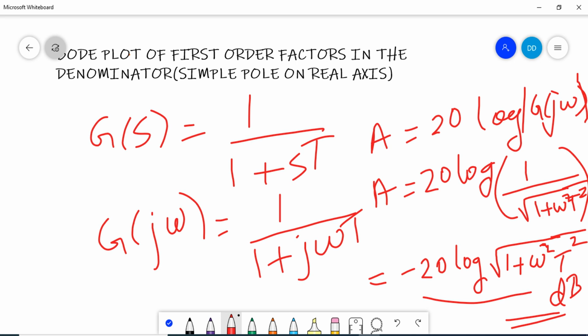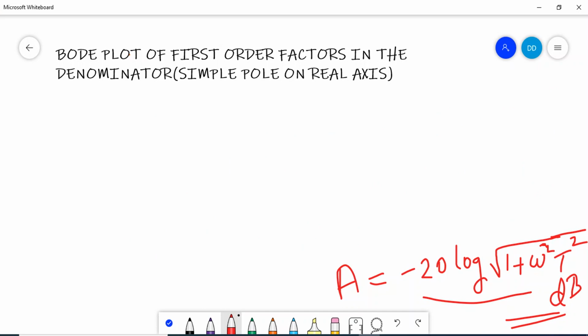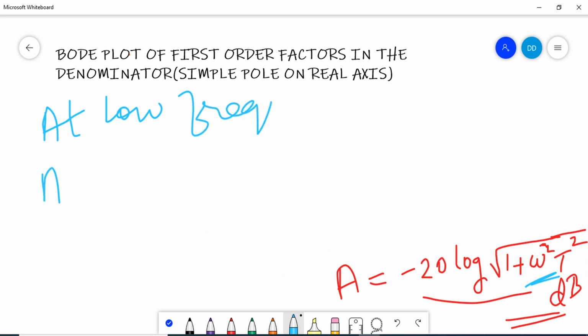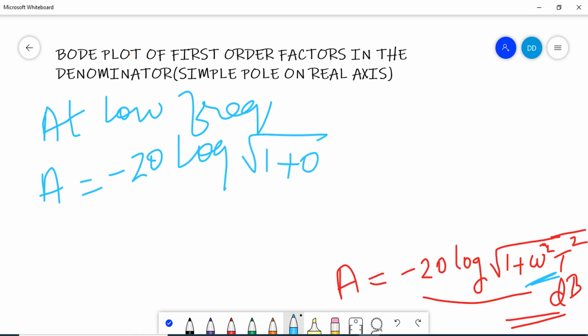At low frequencies, we can neglect this omega T. So at low frequency, A is equal to minus 20 log root of 1 plus 0, which gives us minus 20 log 1, which is equal to 0 decibels.